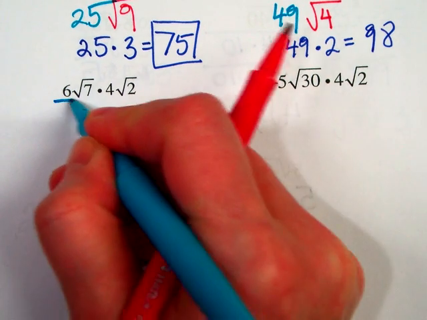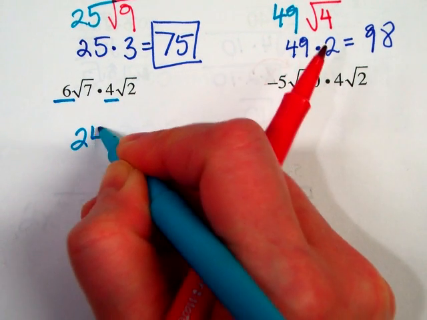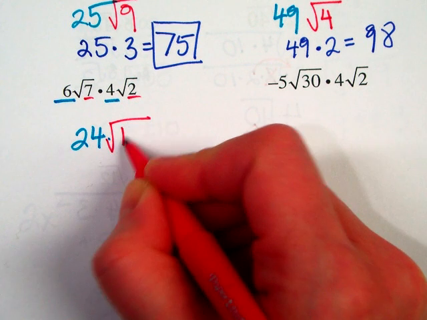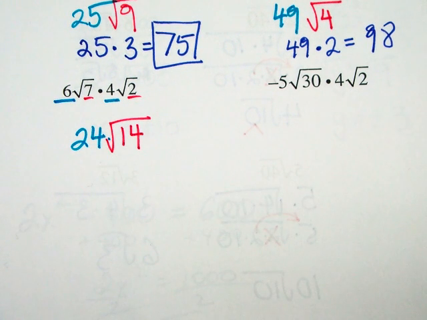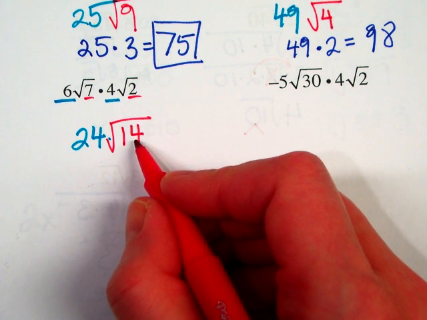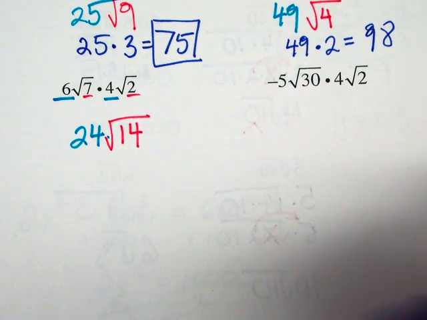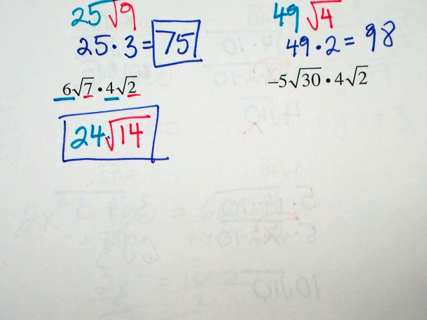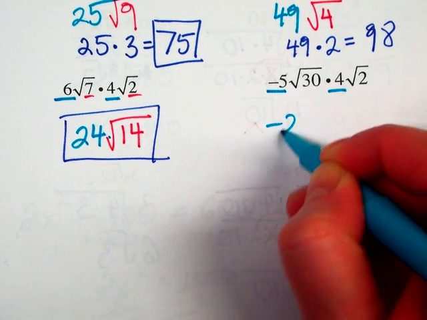6 times 4, 24. Square root of 7 times square root of 2 is 14. And I think this is it. We can't fit in any perfect squares in here, so this would be your final answer. And the last one, negative 5 times 4 is negative 20.